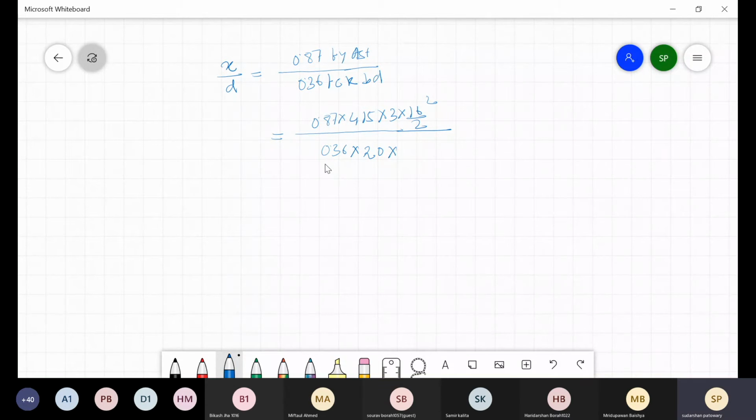What is the value for b given? 250. And d is equal to how much? 367.